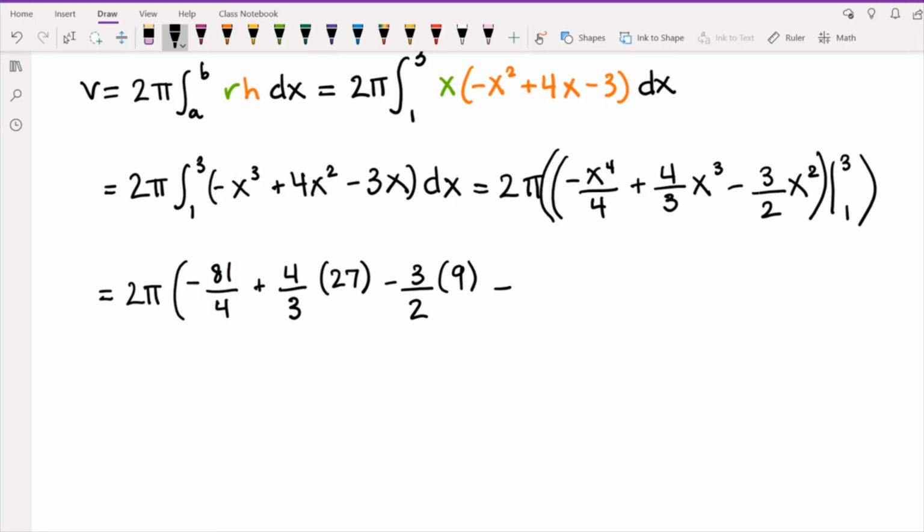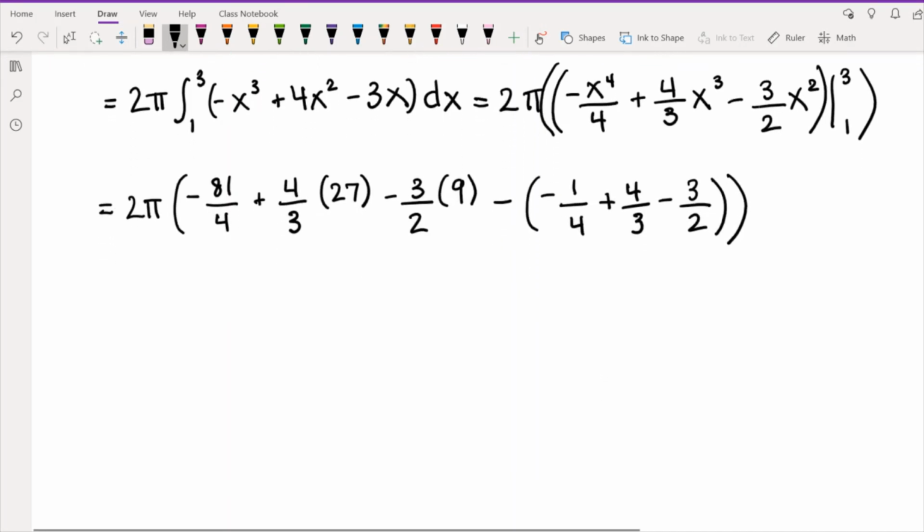And then from that, we're going to subtract, plugging in 1, which just gives us negative 1/4 plus 4/3 minus 3/2. And let's actually combine these fractions that already have the same denominator first, because we'll see that some stuff will simplify rather than try to make a common denominator right off the bat.